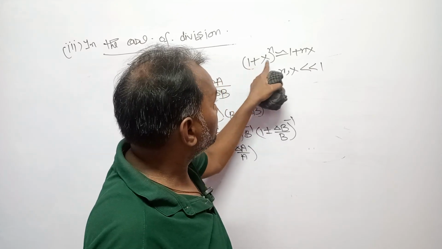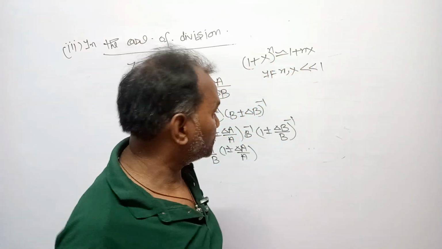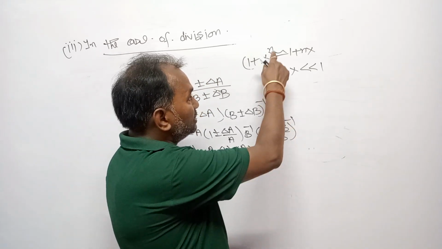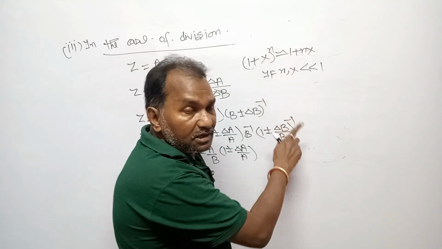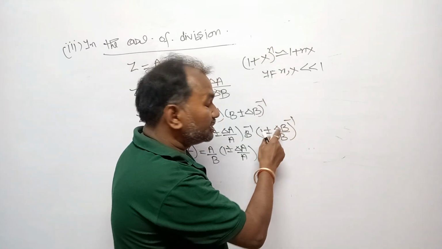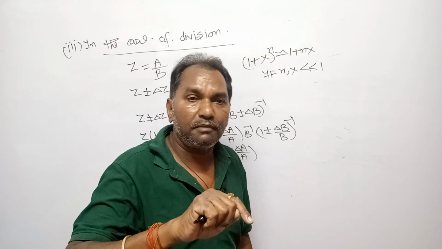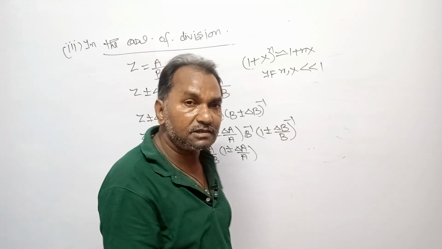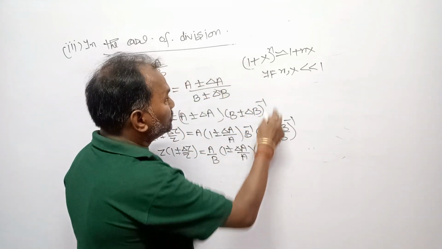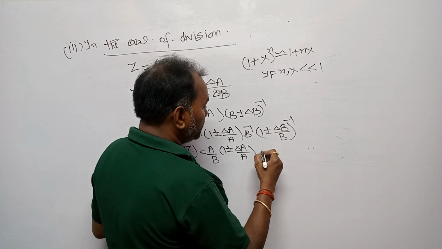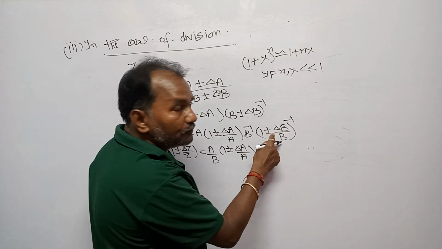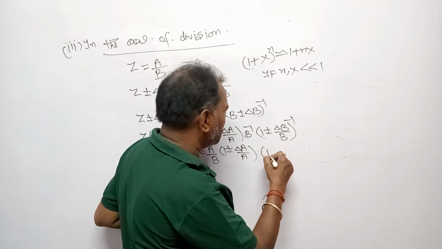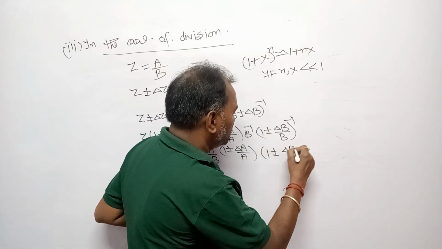Now dear students, look here, it is 1 plus, here is a minus 1, and this is ΔB. ΔB is an error divided by the experimental value. Error is always very small, so ΔB/B is also less than 1. So you can apply this, and now if you multiply with minus 1, it will become minus plus or plus minus. Again I am writing, there is no difference.